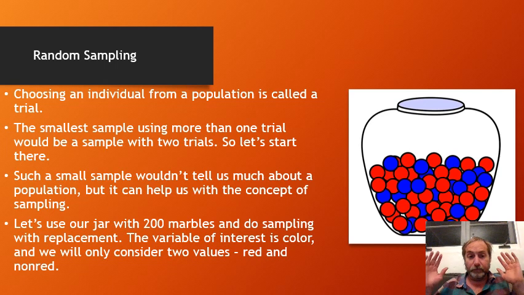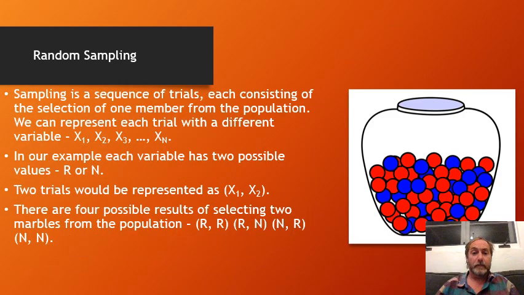So let's use our jar, 200 marbles, and we're going to do some sampling with replacement. We'll say the variable of interest is color, and we're only going to consider two values, red and non-red. Keep it as simple as possible. Sampling is just a sequence of trials.